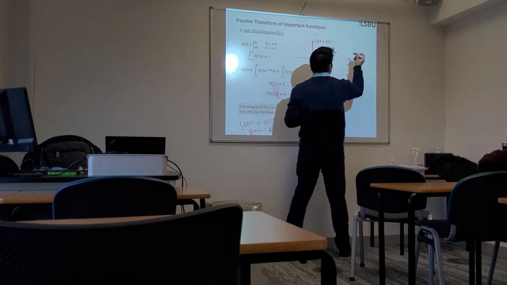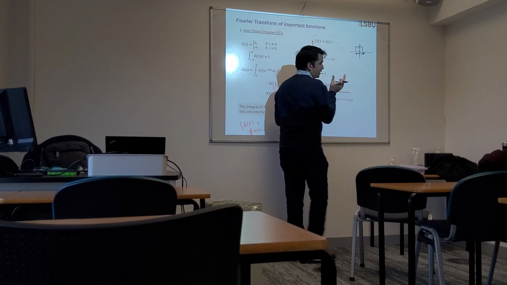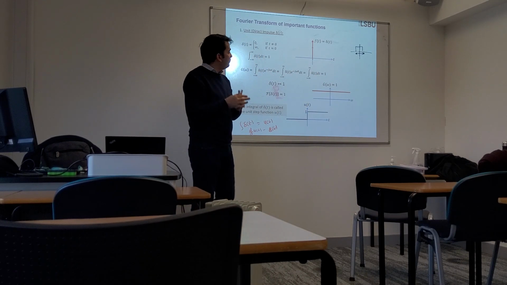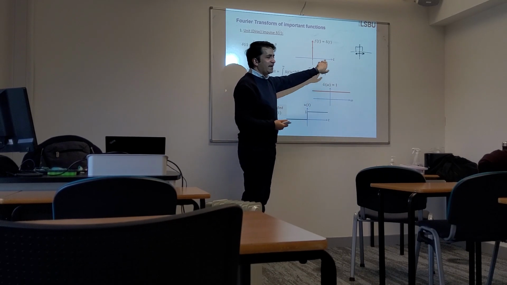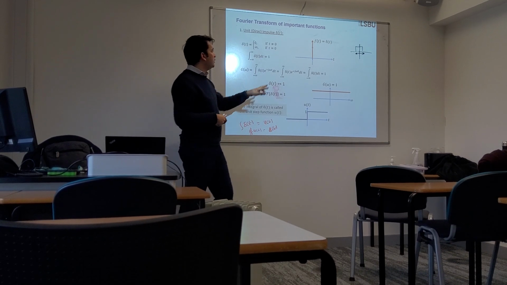If we draw this rectangle, you can see that it has some width in the x direction. But here the width in x is almost 0 because it is happening over a very, very small interval.